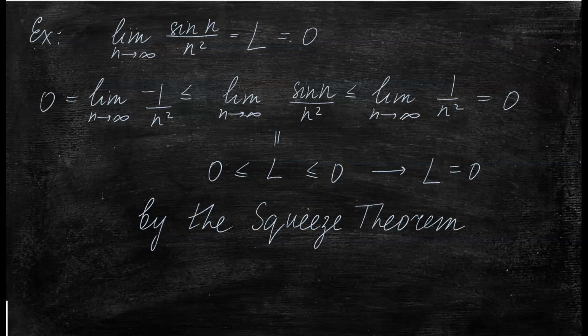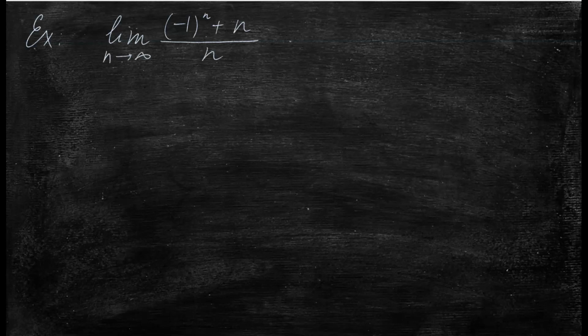Let's try to apply the same argument in this example. So here we have the question about this sequence, and the very useful theorem here won't be so useful because -1 to the power of x is not a continuous function. However, the squeeze theorem will still work if applicable.